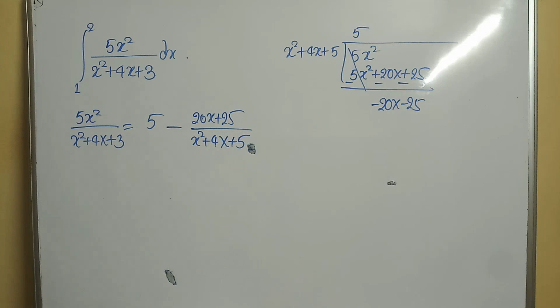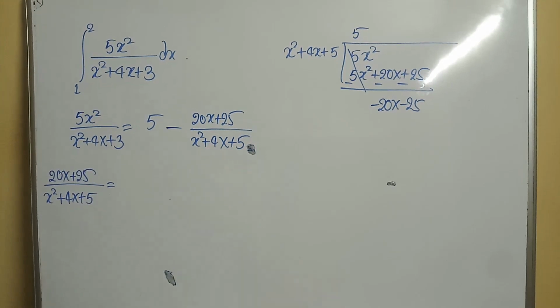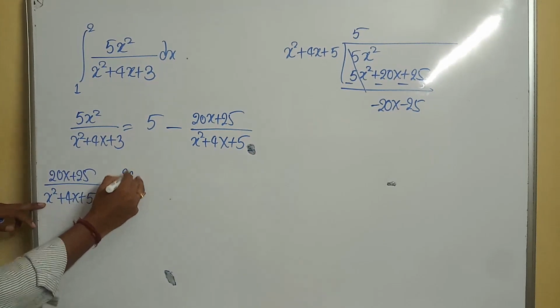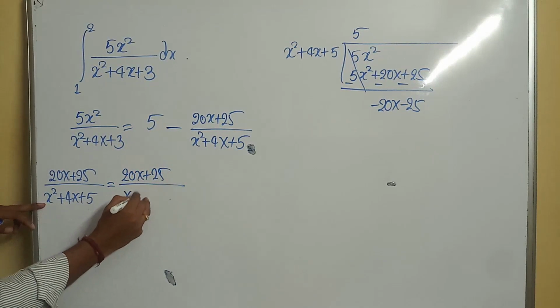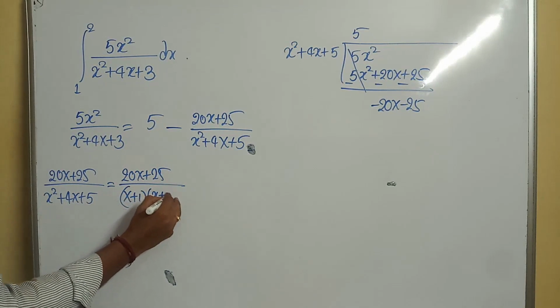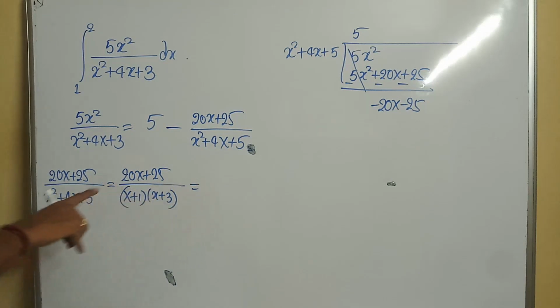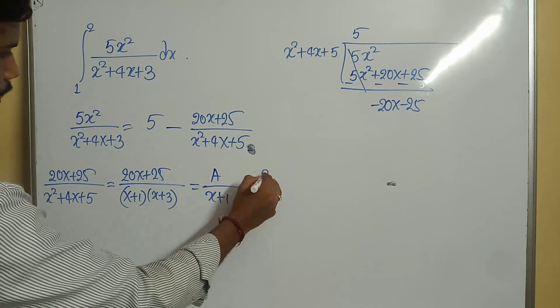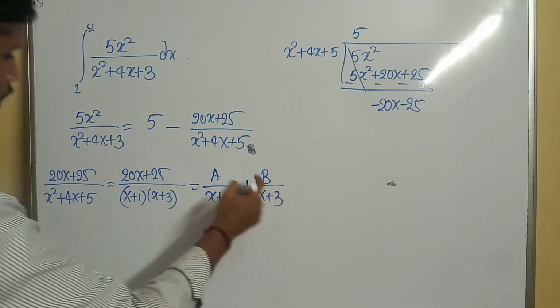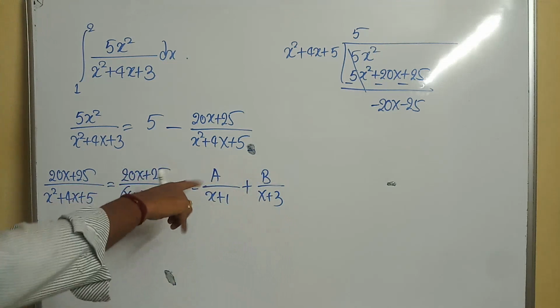Got the point clearly? Now consider this term, the denominator can be written as x plus 1, x plus 3. Resolving it into partial fractions, we'll get a divided by x plus 1 plus b divided by x plus 3. You need to find the values by partial fractions.